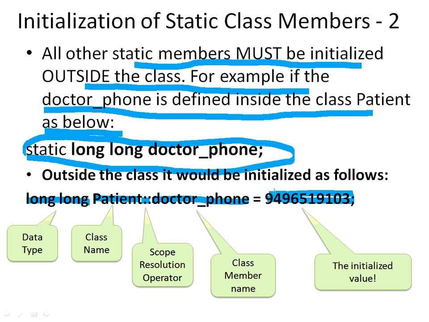So understand this sequence. You have to have the data type, class name, scope resolution operator, name of the variable, assignment operator, and the initialized value of the variable. In case you're wondering whether there is a long data type in C++, it actually is. If your integer is very large in value, something like this, then this data type is used.